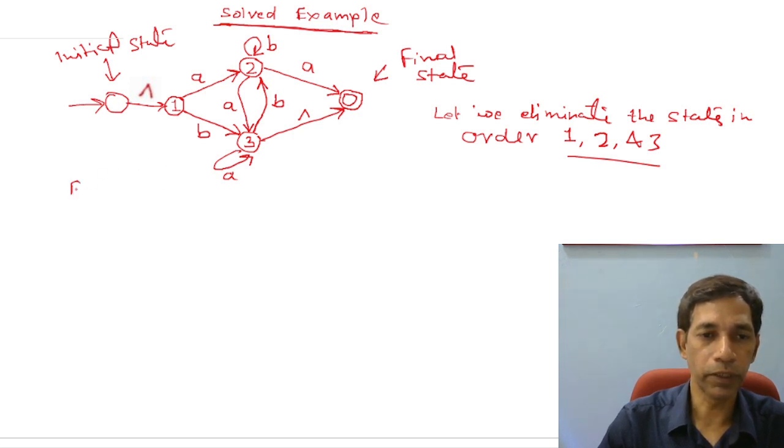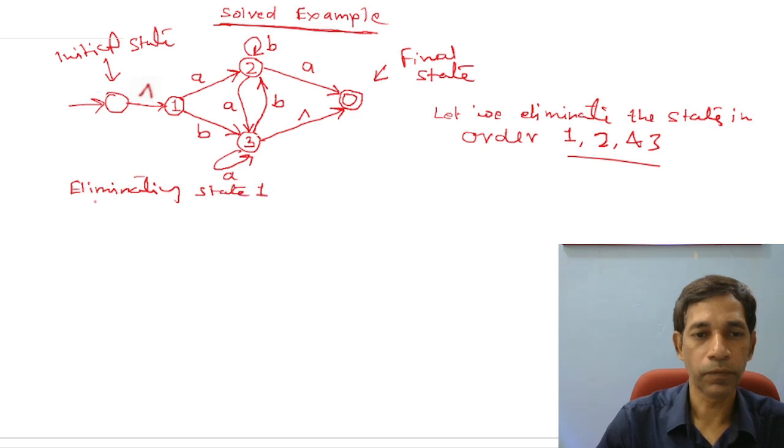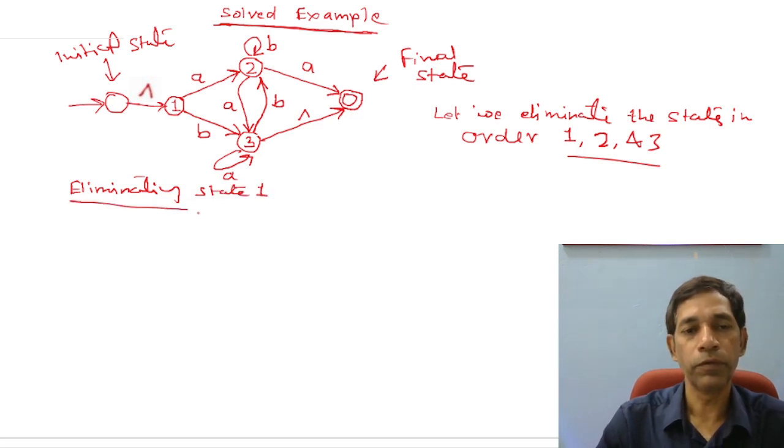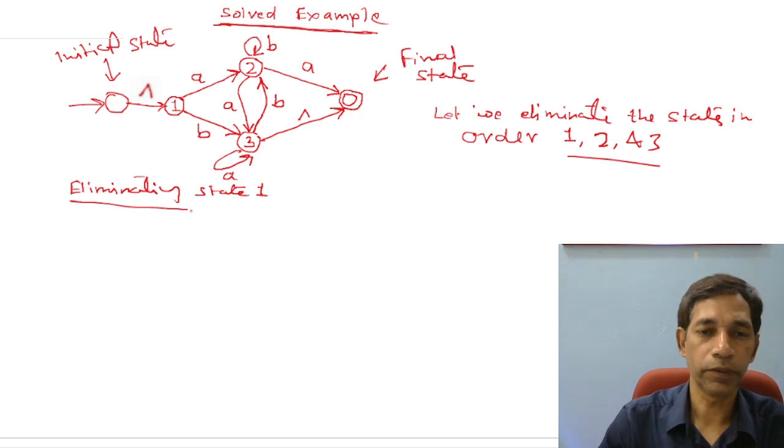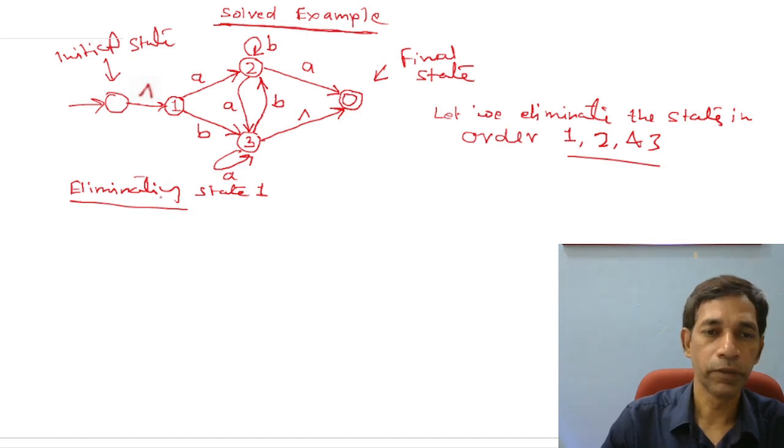We are eliminating state 1. When you eliminate state 1, what is the equivalent form of the graph you obtain? State 1 will be eliminated, which means you have to bypass state 1.